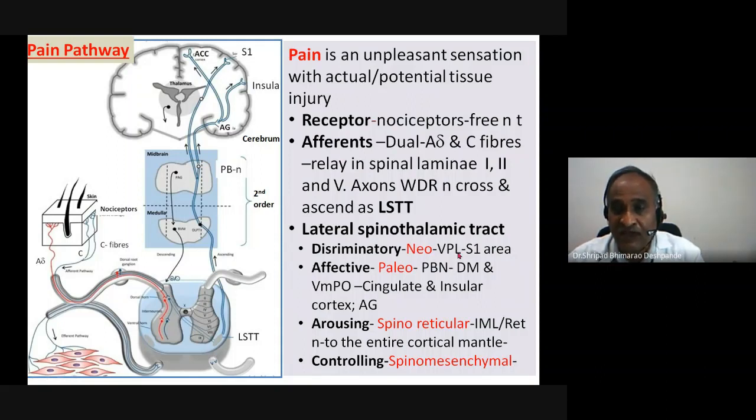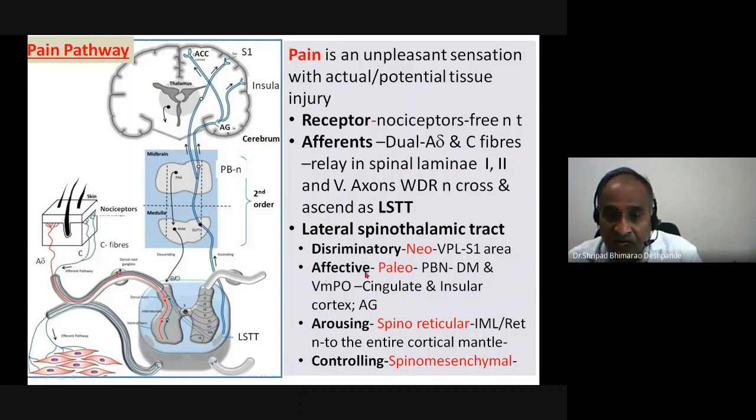Then they are relayed to the post-central gyrus, the Brodmann area, for understanding the location and the type of pain.